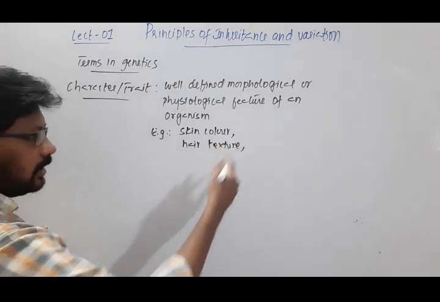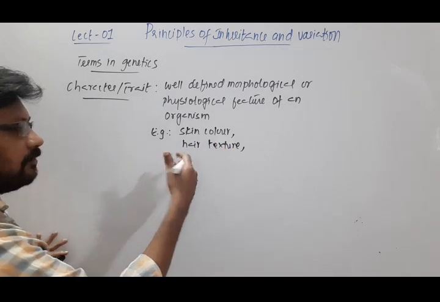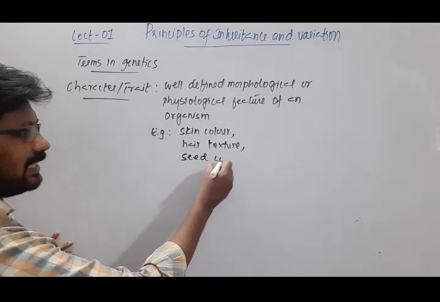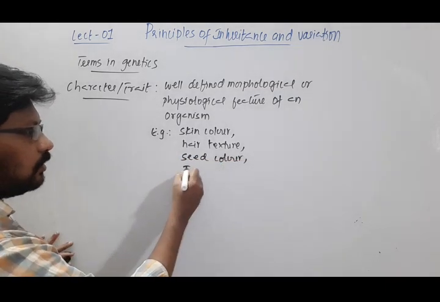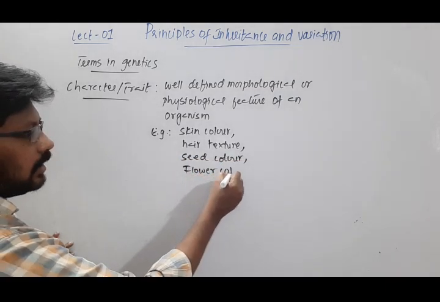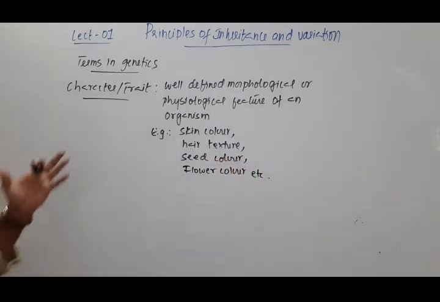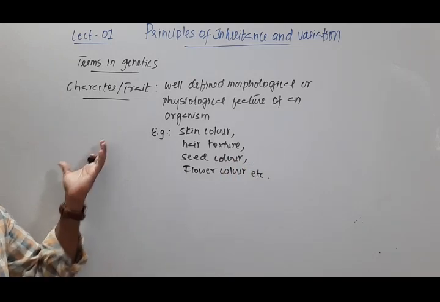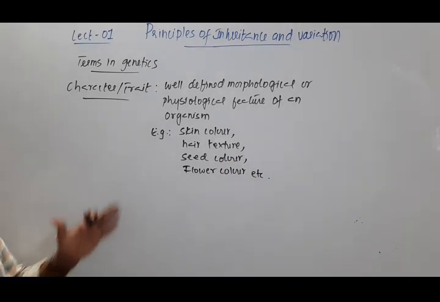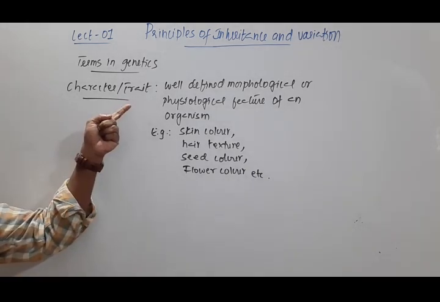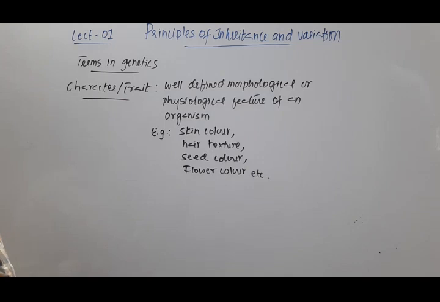In plants, we can take seed color or flower color, etc. Like this there will be so many examples you can get. So that is a character or trait. Usually we use the word trait in genetics. It's a well defined morphological or physiological feature of an organism.